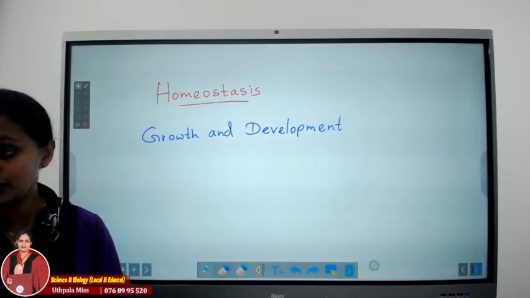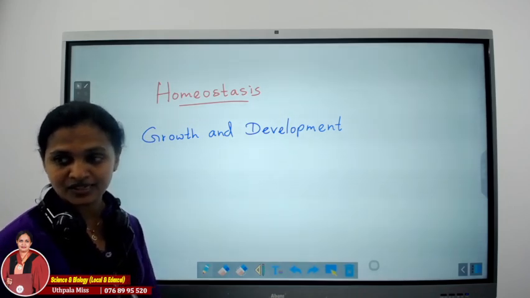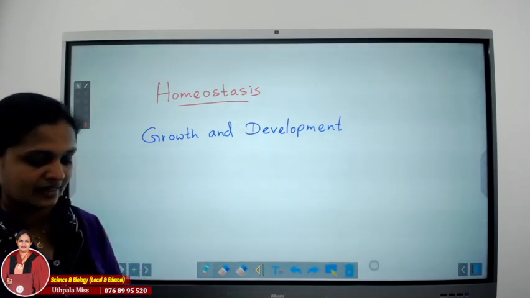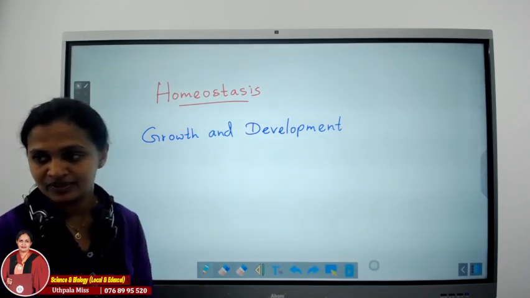As a result of growth, what happens? The size of the organism increases. Size, height, the amount, all these are increased. That is an irreversible increase in the dry mass, right?